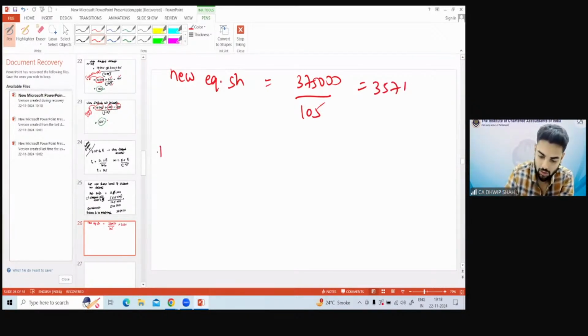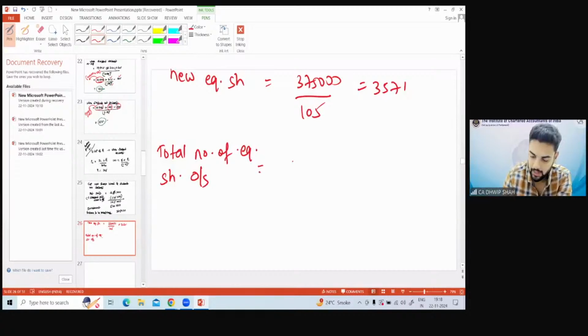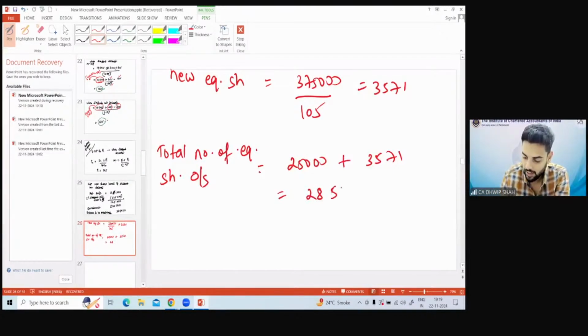So can I say total number of equity shares outstanding would be 25,000 existing plus 3571 new, 28,571. Correct? Yes or no?